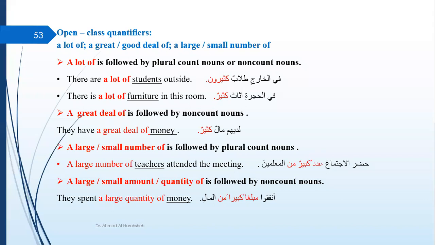Now, a large or small number of is followed by plural count nouns. Of course, when I am talking about a number, I am talking about count nouns.